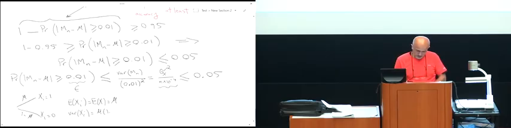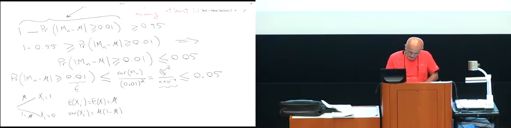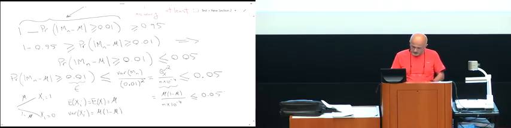Mu times 1 minus mu. We've done this a few times already. Okay, so what I have here is that mu times 1 minus mu over n times 10 to the minus 4 is less than or equal to 0.05.